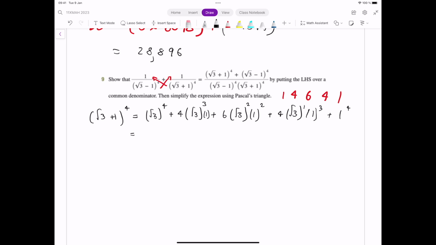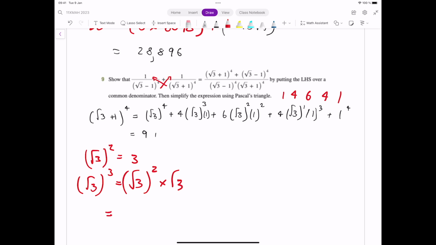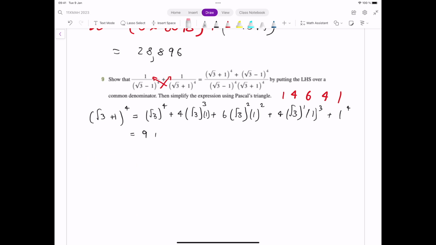So that's equal to root 3 to the power of 4, I believe, is 9. Let me double check. Yep, 9 plus, now root 3 squared is 3. So root 3 cubed is root 3 squared times by root 3, which is 3 root 3.